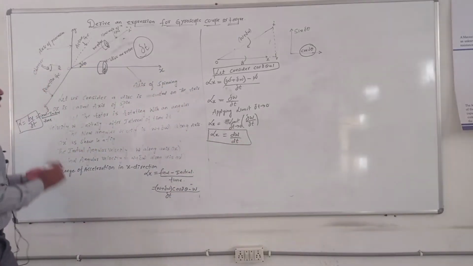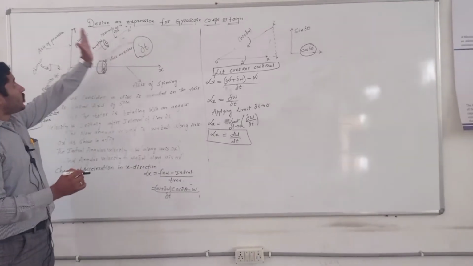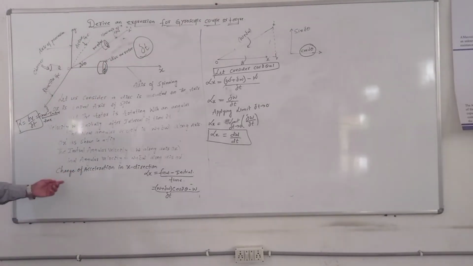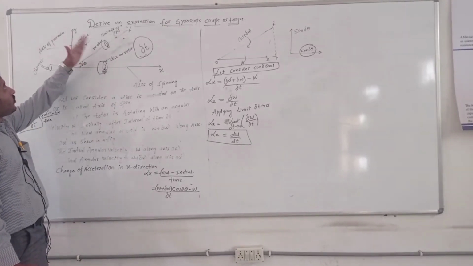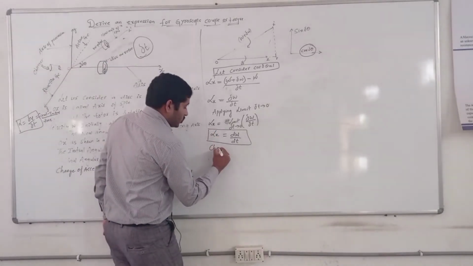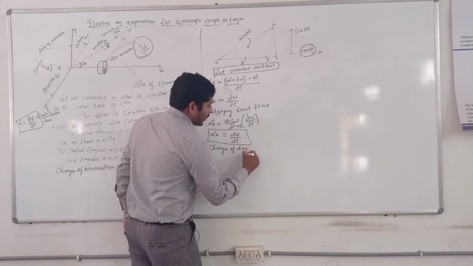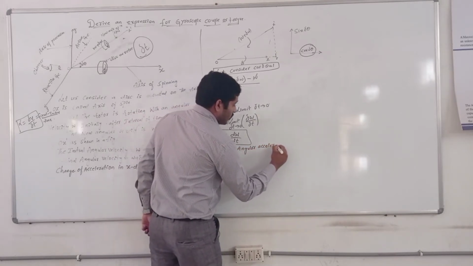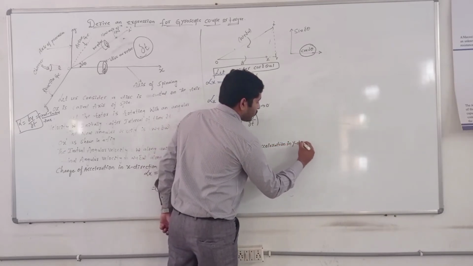Again, what we need to find: because the disk is rotated from x direction to the y direction, we need to find out the change of angular acceleration in the vertical direction. Again we have to write the change of angular acceleration in y direction.